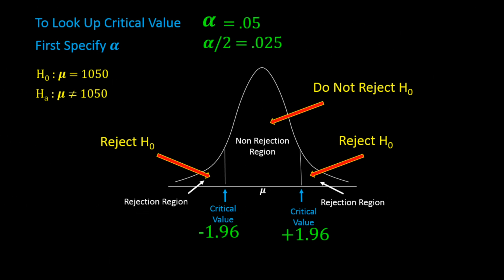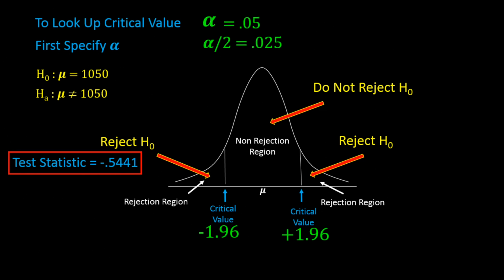The critical value marks off the boundaries separating the rejection region and the non-rejection regions. Our next step is to look at the test statistic and compare it with the critical value. Remember, we calculated our test statistic as negative 0.5441 on the previous slide. Now what is left is to compare the test statistic with the critical value. Does it fall in the rejection region or the non-rejection region? The critical value is negative 1.96 at the lower tail and positive 1.96 at the upper tail.